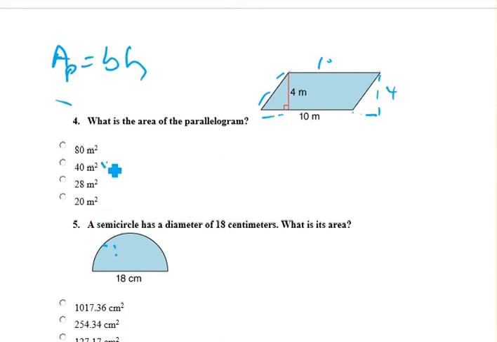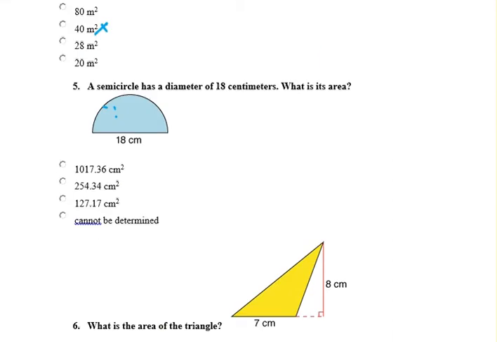Now it looks like we have a half a circle, which is called a semicircle. Now, what do we know about this? The diameter is 18. What's the area? Well, area of a circle, put C for circle, equals pi times r squared. And that's half a circle, so we'll deal with that in a minute. But let's find the area of this whole thing.